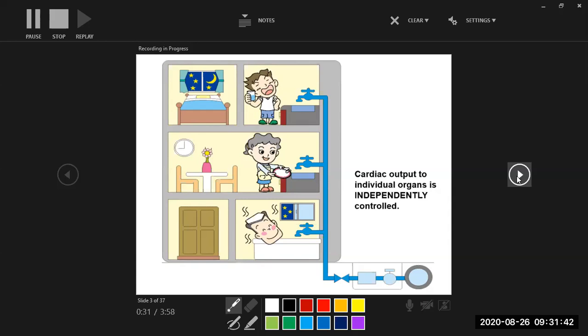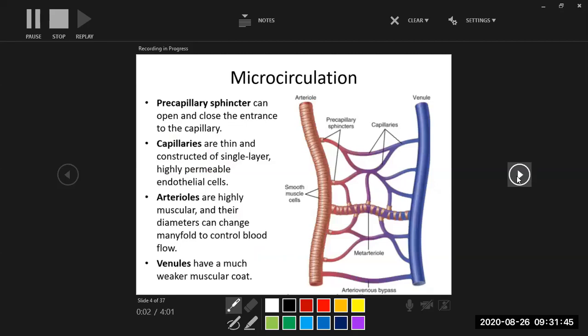In that local region, there is a very complex network of blood supply. This is the region where we have the substance exchange. Oxygen will be delivered, CO2 will be removed, nutrients will be delivered. This region is typically called the microcirculation.